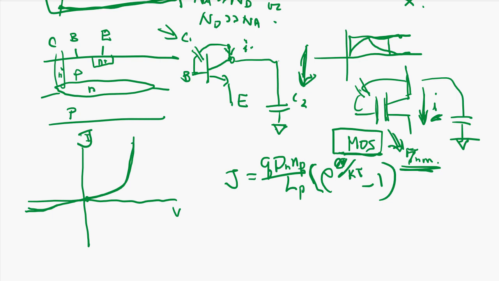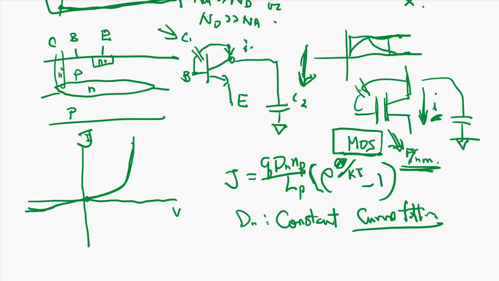minus 1. So the exponential equation is shifted to here. And what is this L_p? First of all, D_n is a constant for curve fitting. All the equations we go through have assumptions like the depletion layer is flat, square shaped and so on.